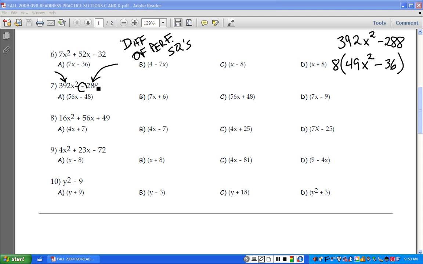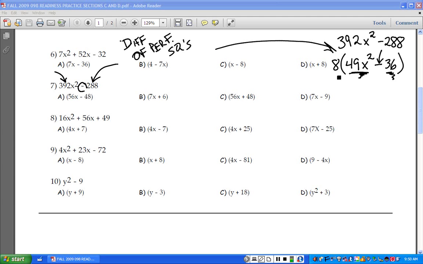I didn't know 392 and 288 to be perfect squares, but when you factor out the 8, guess what you're left with? 49x squared is a perfect square, 36 is a perfect square, and there's your difference, your minus sign in the middle. So once I see that it's a binomial and it's the difference of two perfect squares, I know that what that gives me is basically the square roots of these numbers as the sets of factors, one being a plus sign, one being a minus sign in the middle.